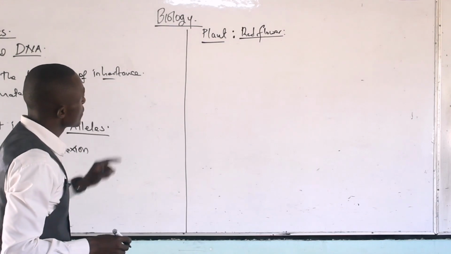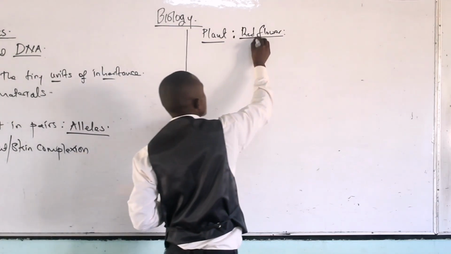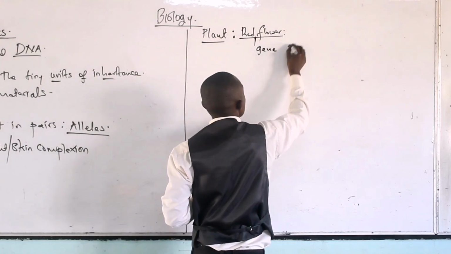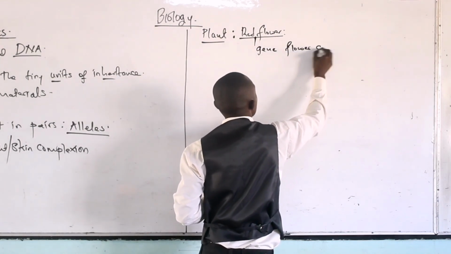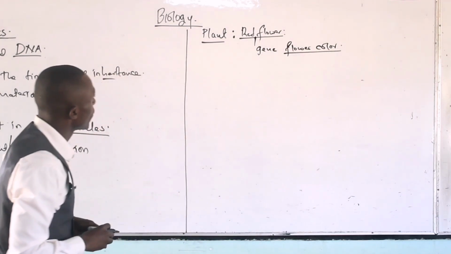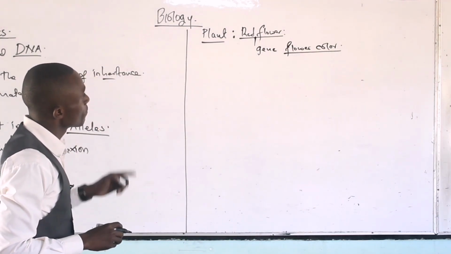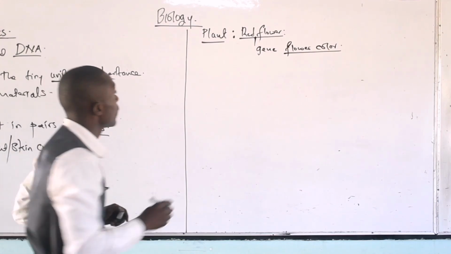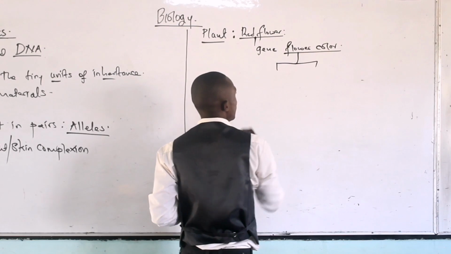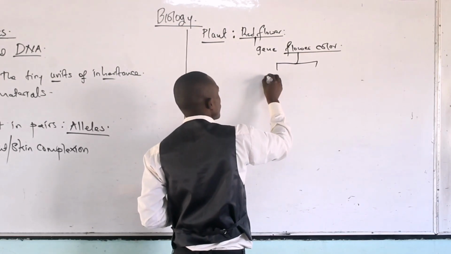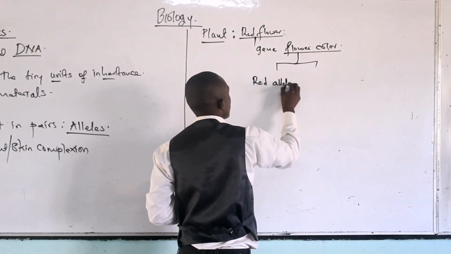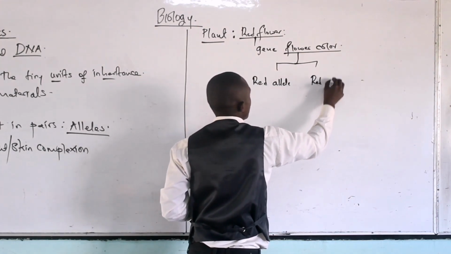So this means this plant has a gene for flower color. And this gene for flower color means that this red flower has two alleles for the red color. So we have the red allele, the red allele.